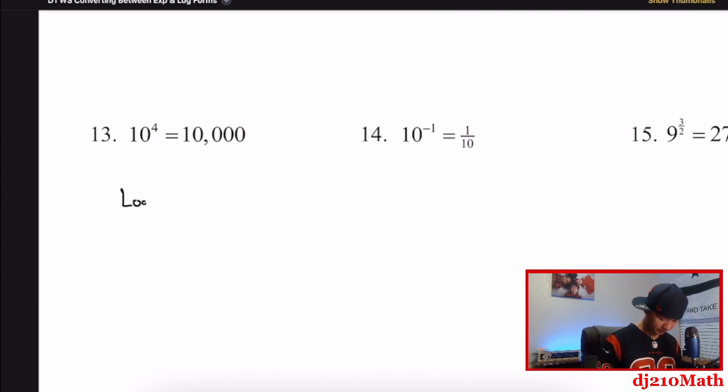Log. All right. Base 10. I'm not going to write the 10. It's kind of irrelevant to write the 10. Or should I write it so you can see it? Log base 10, 10,000 equals 4.